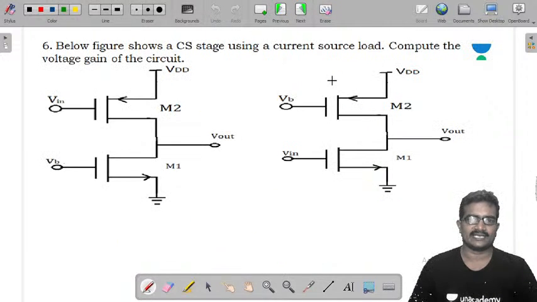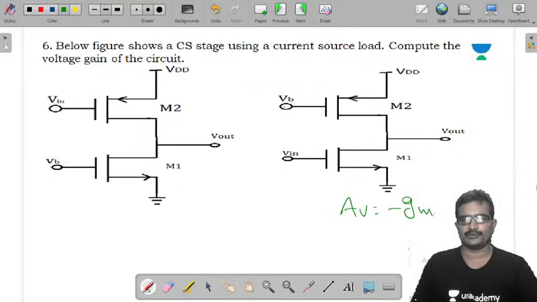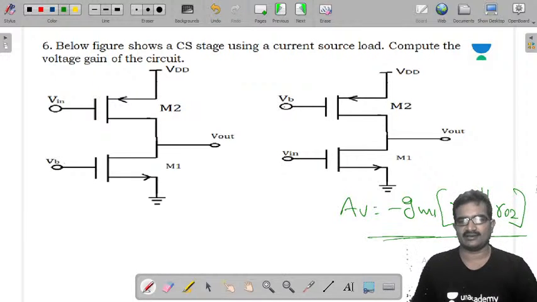Okay. Next. This is also same way, sir. But here it is acting as a load because it is biasing. It is acting as a load and it is acting the same. Now its voltage gain is minus GM1 into R01 parallel with R0. Sir, in the last GATE exam, they gave a problem based on this model.